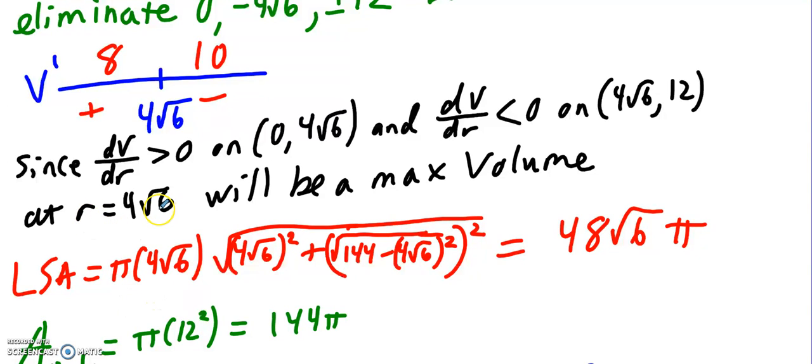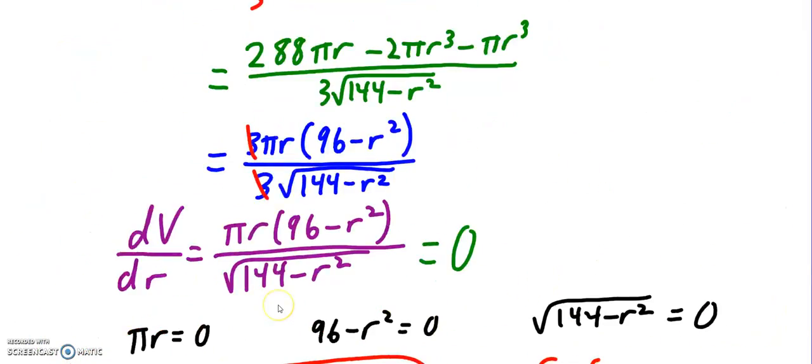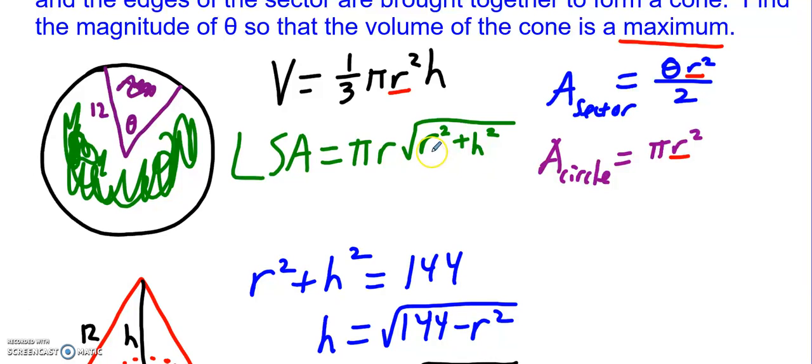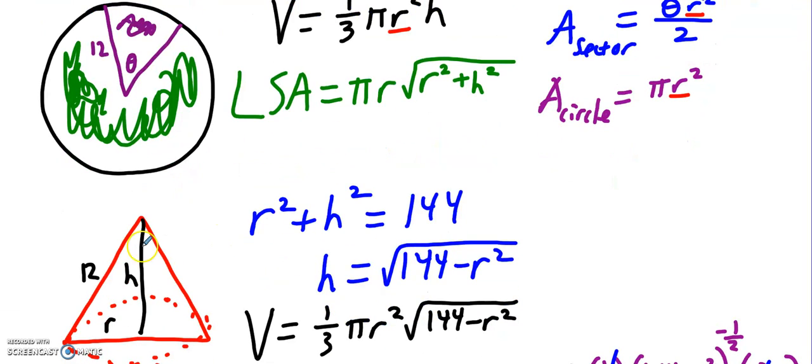So now I'm going to use this r to find the lateral surface area. So the lateral surface area, remember, that's where this came in up here, is pi r times the square root of r squared plus h squared. So these r's are the r's from the cone.